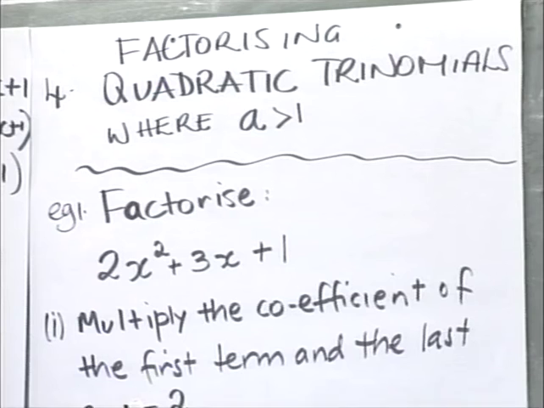Okay then, to factorizing of that. If we are to factorize this, 2x squared plus 3x plus 1. The previous lesson, A is 1. All of these have a coefficient of 1. Now a coefficient greater than 1. So this is 2. Now, when I was in school, I learned what is called the cross method.